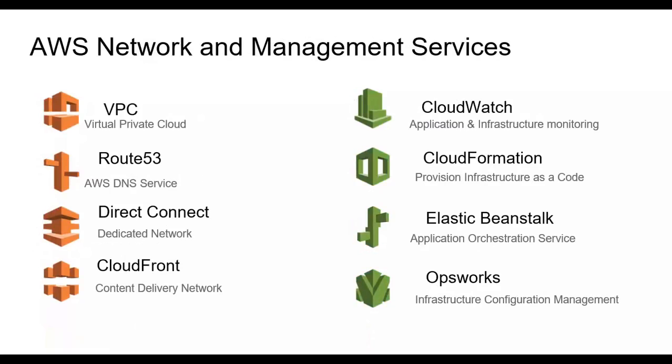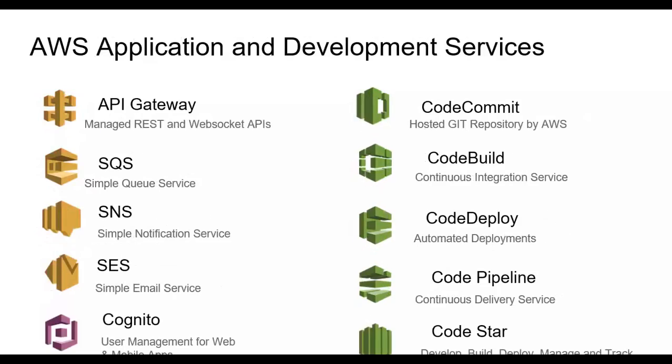Then there are some network related services and management services. Further, you have application services and development services as well. So still it does not really cover all AWS services, but we have listed the widely used, the popular AWS services.